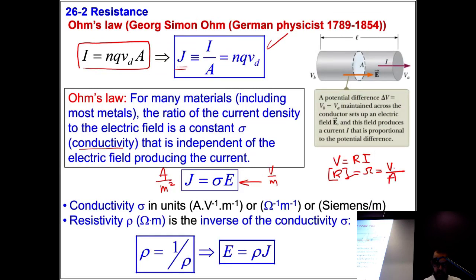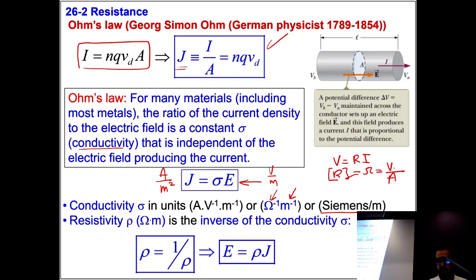A current over voltage is 1 over ohms, and you have per meter. The inverse of ohm is called Siemens. Very rarely used, but you can remember Siemens company, a big German manufacturer of medical devices and so on. So Siemens per meter is another unit that is used for the conductivity.